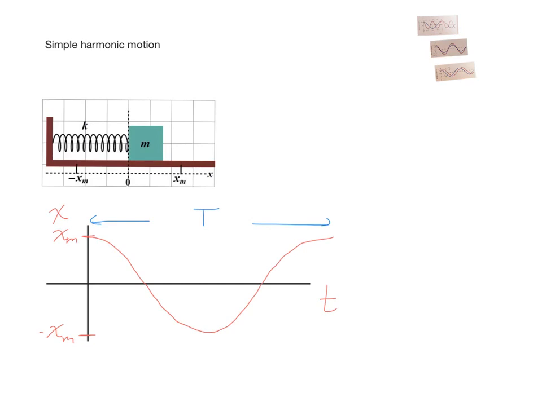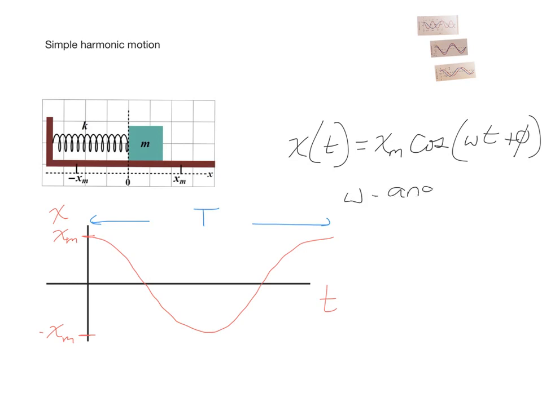Our equation for this type of motion is the position at any time t would be equal to the maximum amplitude times the cosine of omega t plus phi. Looks complicated. Omega is the angular frequency, phi is the phase angle.